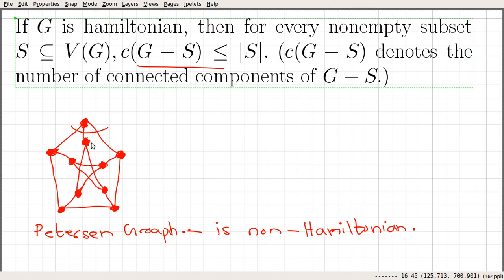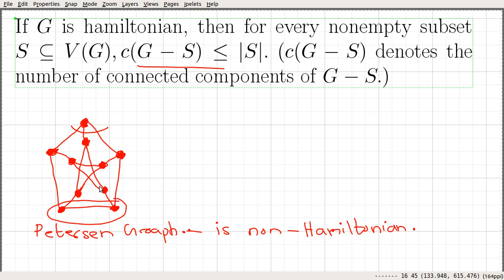Since this graph is symmetric, that is true for any one element subset. Similarly, if we take any two element subset, the remaining graph is still connected, the number of connected components is 1 and the cardinality of the set is 2. So 1 is less than or equal to 2, and that is true for any two vertices in this graph.